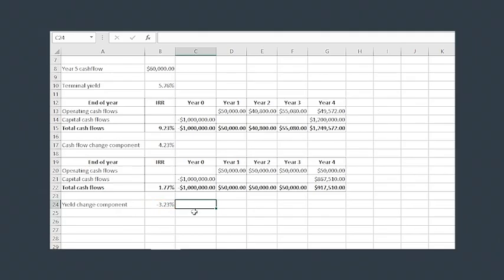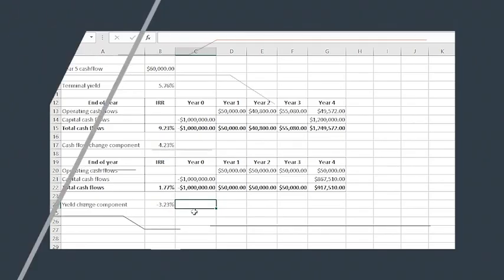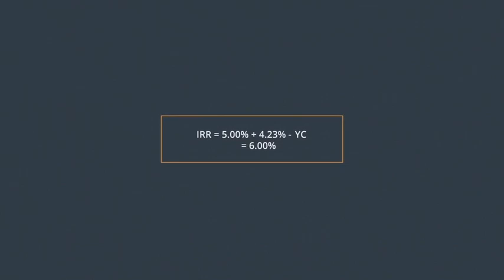This is a negative percentage as the yield going into the investment is smaller than the yield at the end of the investment. The yield increased from 5% to 5.76%, implying a loss of value per dollar of income. Recall that price is inversely related to yield. Your IRR components formula now looks as follows.